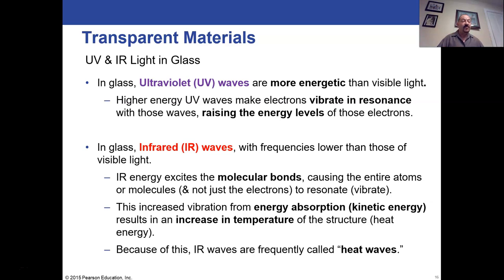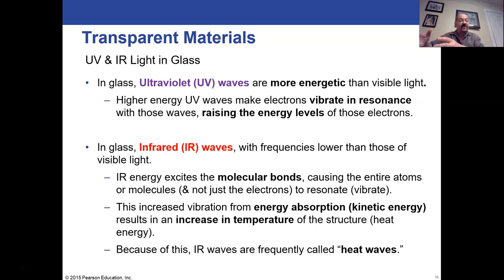If you've ever been to a restaurant, especially buffets, you'll see these red lamps sitting over top of your food in the buffet table. They look red because there's some visible red wavelengths coming out that you can see with your eyes, but a lot of the wavelengths coming out you can't see. They are lower frequency, higher wavelength than we see, the infrared.